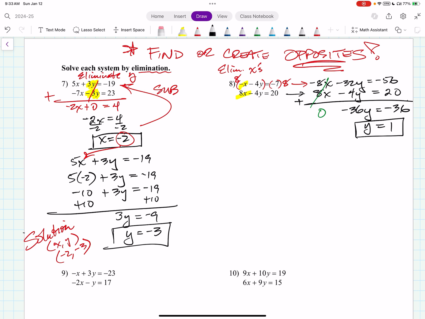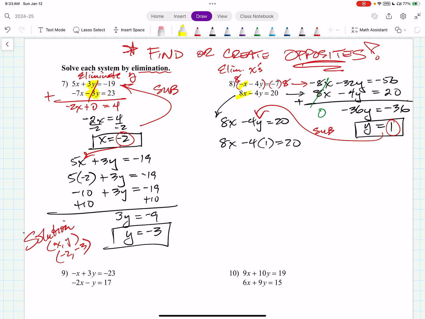Now I got to find x. All right, so I'm going to rewrite my second equation down here. I'm going to choose to use it. It doesn't matter what equation to use. You're going to get the same result. I'm going to bring in the y value. I know y is 1. Okay, so the only thing I need to do is find x. So I've got 8x minus 4 times 1 equals 20.